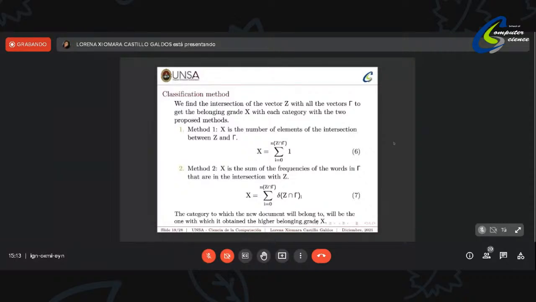And for the second method, the belonging grade X will be the sum of the frequencies of the words in gamma that are in the intersection with Z. Well, after this, the category to which the new document will belong will be the one with which it obtained the higher belonging grade X.